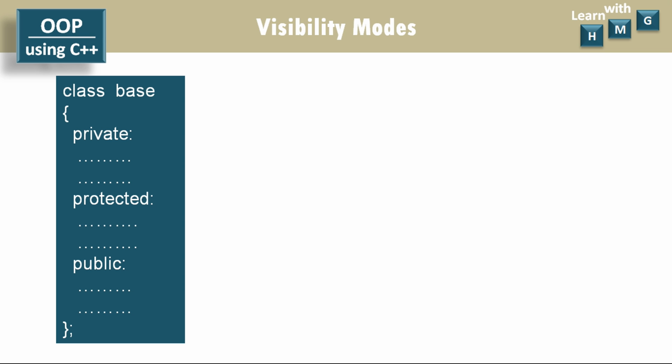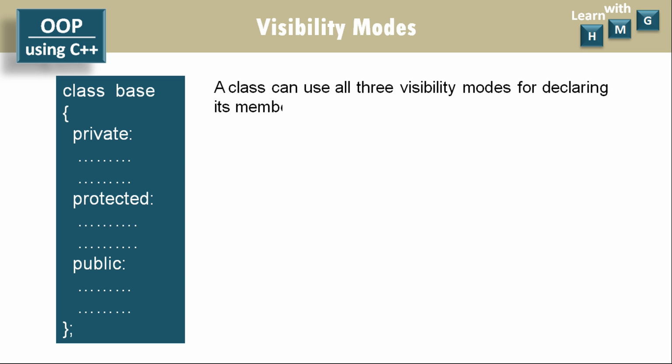You can use any sequence, but it is recommended to specify these three modes in this sequence: private, protected, and then public. So one class may have all three sections: private, protected, and public. A class can use all three visibility modes for declaring its members.